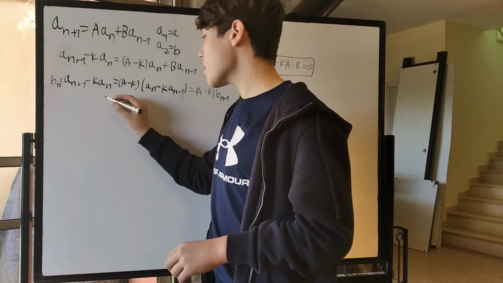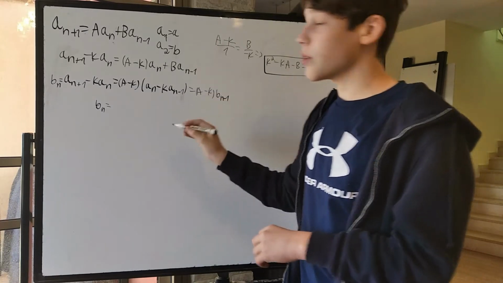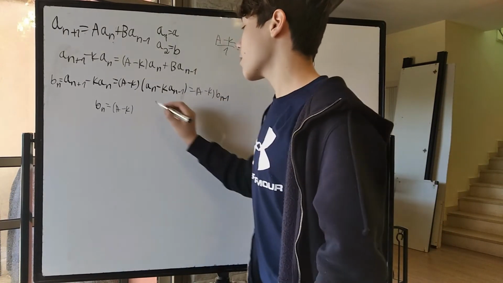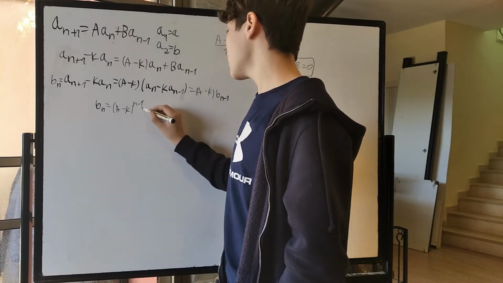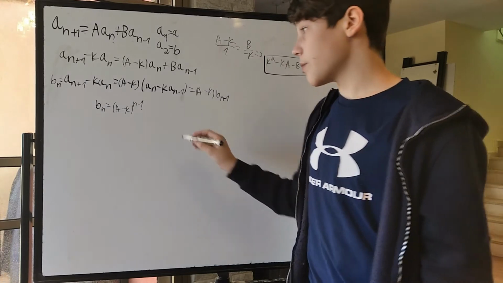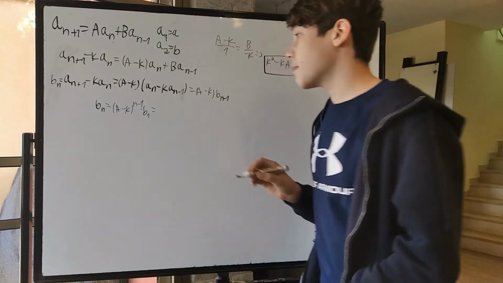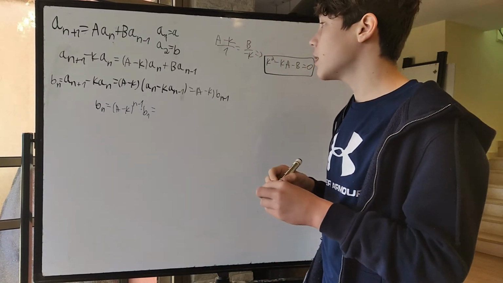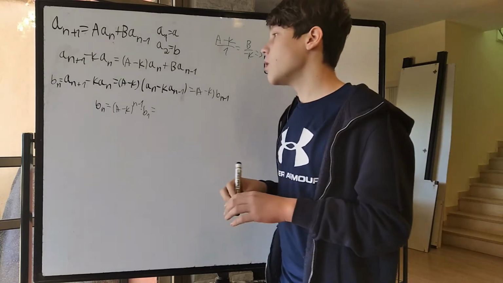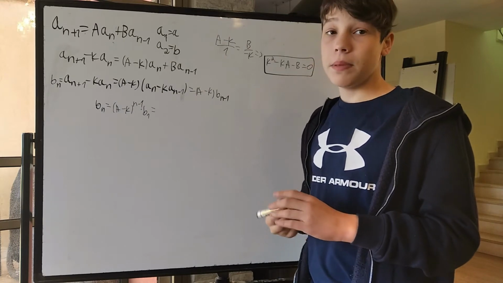And we know the formula for a geometric series is going to be that the number that you're multiplying by to the power of n minus 1 multiplied by the first number in your sequence, b1. But now notice that b1 is just a2 minus k a1, which is b minus a k.